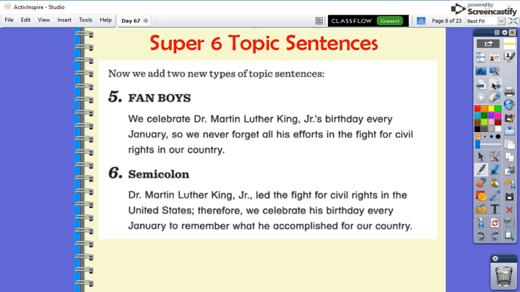For example, we celebrate Dr. Martin Luther King Jr.'s birthday every January, so we never forget all his efforts in the fight for civil rights in our country. The second one is a semicolon topic sentence. Dr. Martin Luther King Jr. led the fight for civil rights in the United States; therefore, we celebrate his birthday every January to remember what he accomplished for our country.